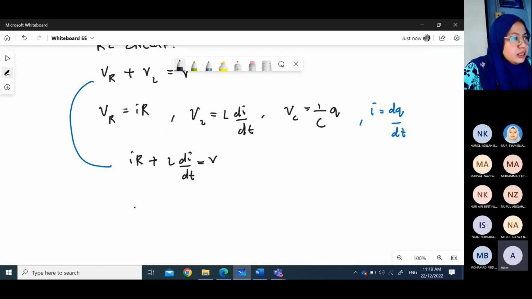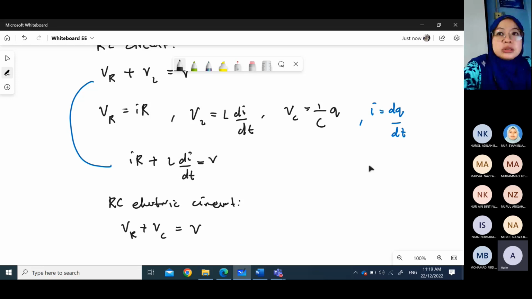And another one is VR and VC, which we call the RC electric circuit. The equation here is VR plus VC equivalent with the total of voltage.